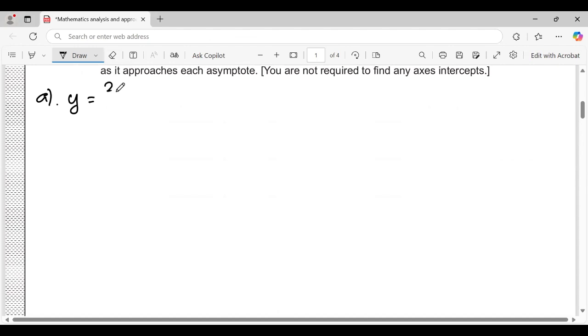Y equal 2x squared plus 6x minus 3 over x plus k. To find the derivative of y, I will use substitution u and v.